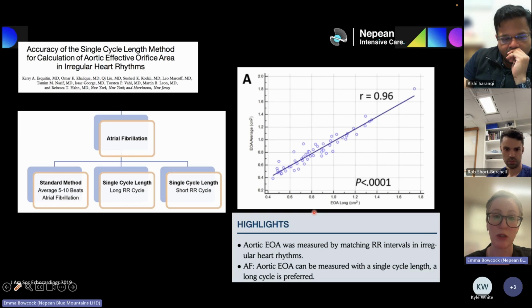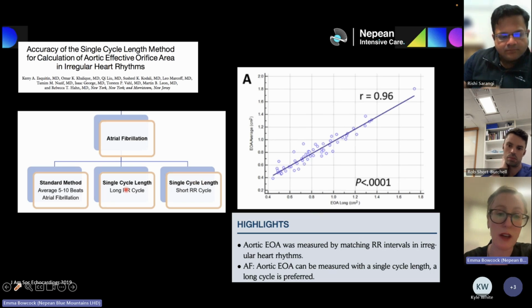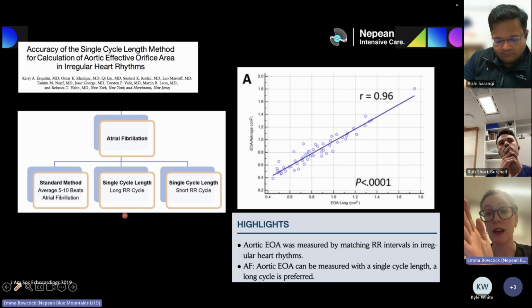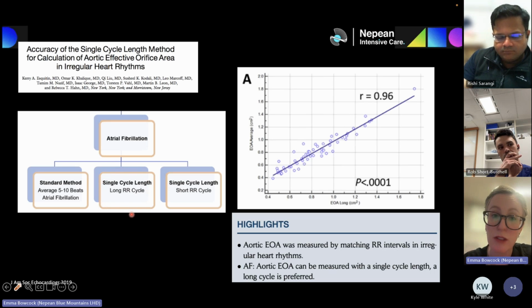But what's been looked into more recently is whether you can actually just match a single cycle length from both your continuous wave through your aortic valve and your LVOT VTI, whether you can match those 2 RR intervals. And ideally we should use the longer RR cycle, because that correlates pretty nicely, as shown in this really nice paper.